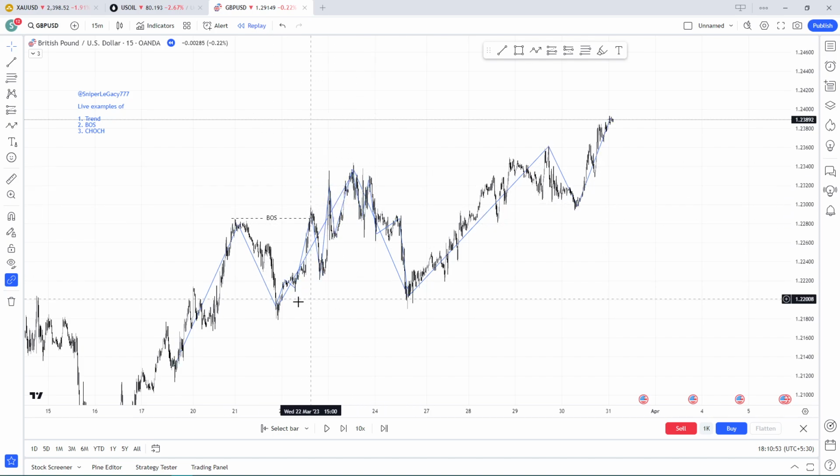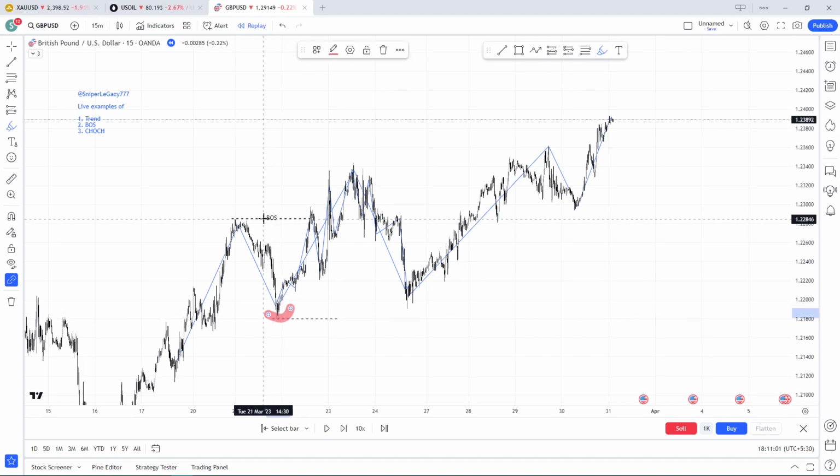So BOS, this is our low. Since, okay, I'll use the brush to mark the low. Since we had the BOS at this point, we have to consider this as the low, right? After BOS, the next high as of now is this one.